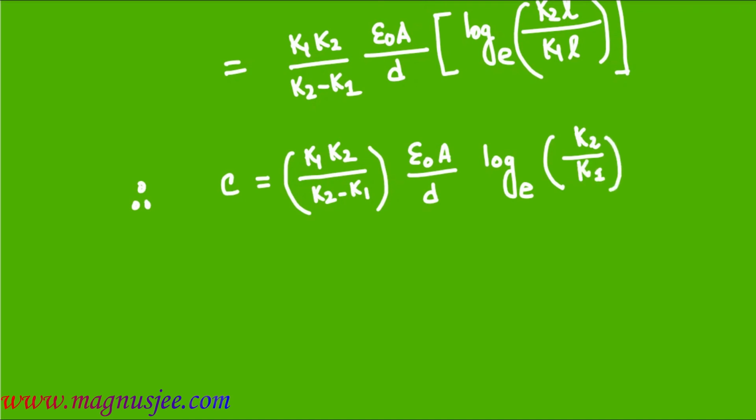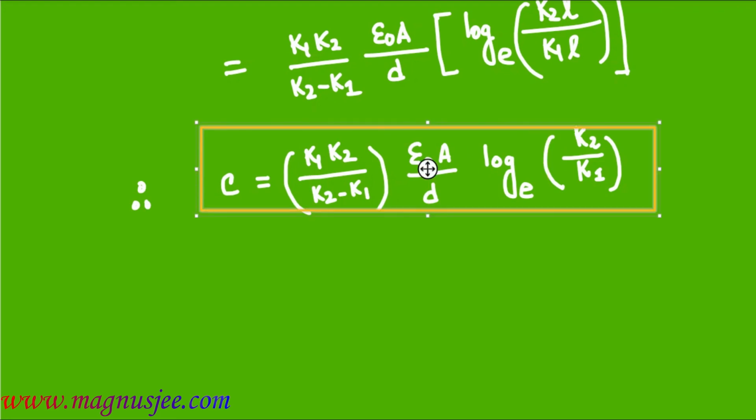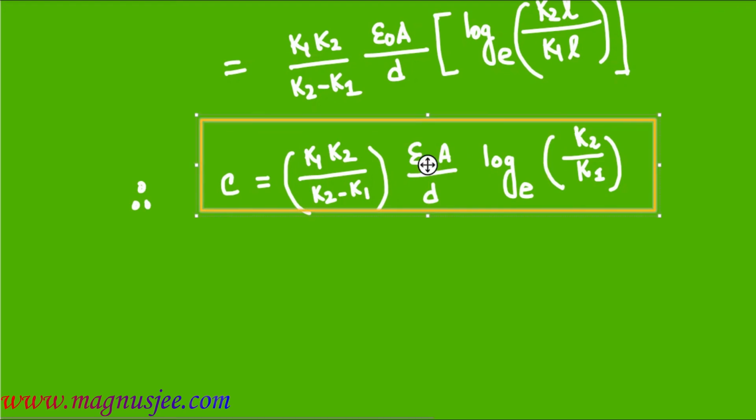So this is the final formula of capacitance of a parallel plate capacitor in which the space between the two plates is filled with two dielectric media of dielectric constant k1 k2 diagonally. C equals k1 k2 divided by (k2 minus k1), epsilon 0 A divided by d, log base e of k2 by k1. So this is the capacitance.